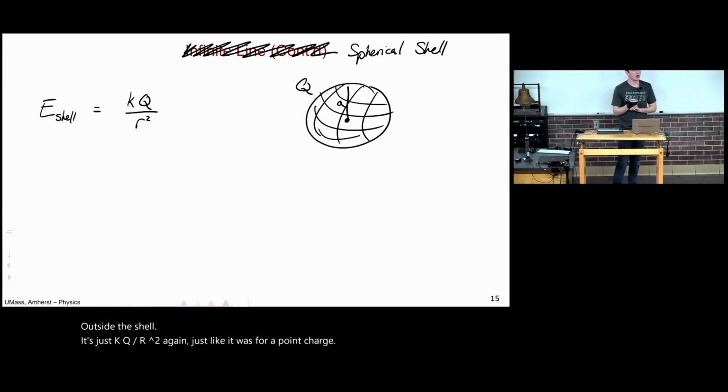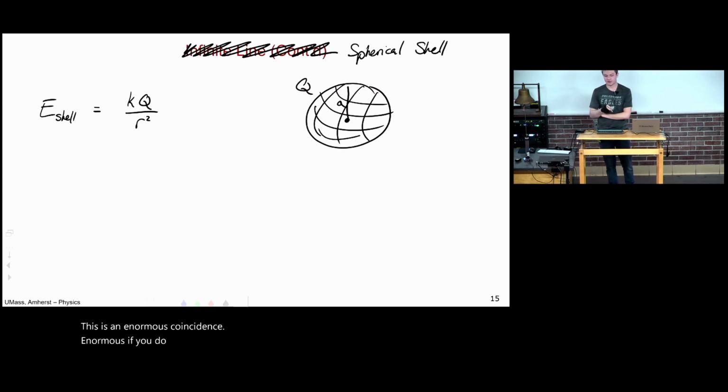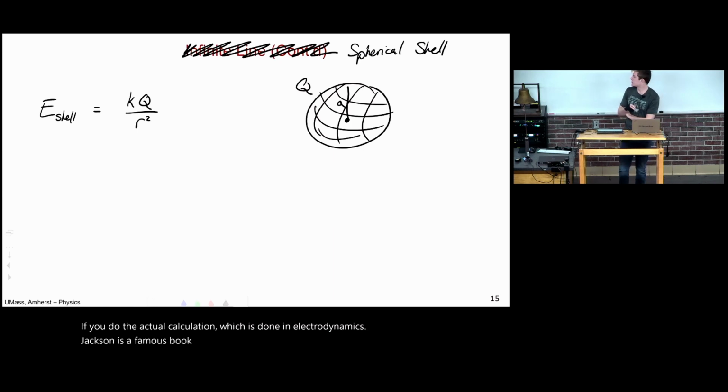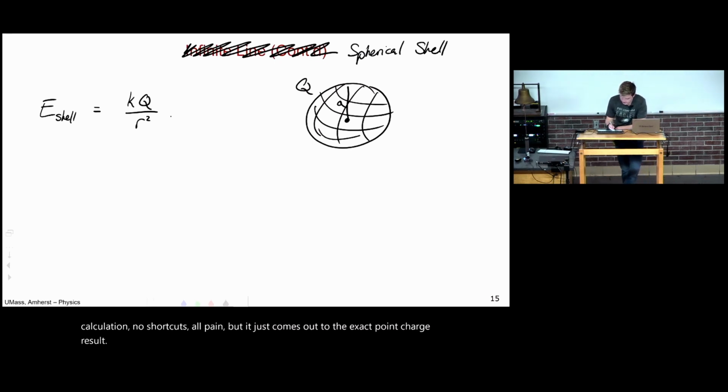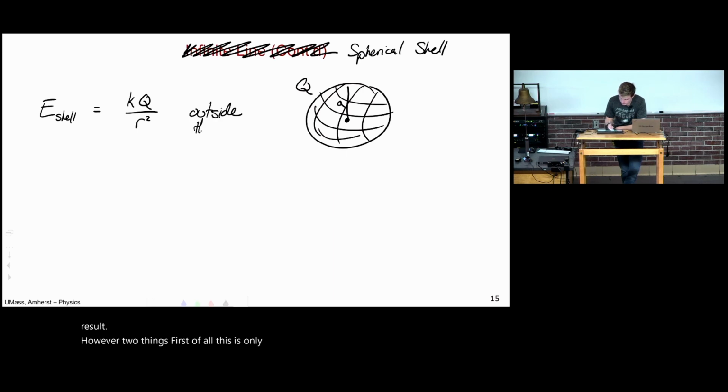This is an enormous coincidence. If you do the actual calculation, which is done in electrodynamics, Jackson is a famous book that does it, it's an incredibly difficult, true vector calculation, no shortcuts, all pain, but it just comes out to the exact point charge result. However, two things. First of all, this is only true outside the shell.